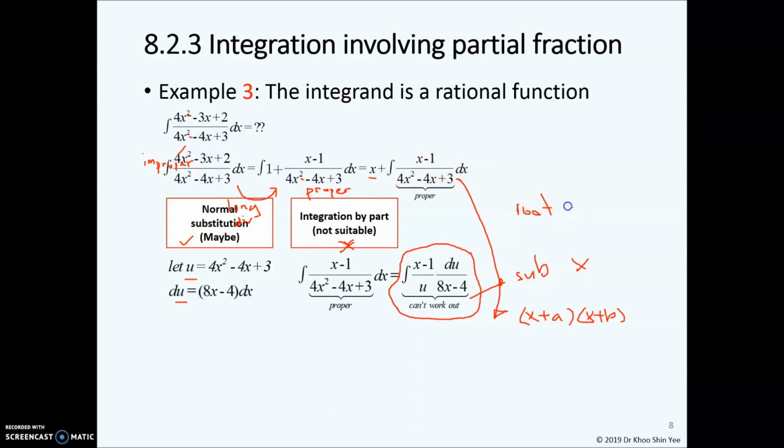So in this case, you found the root is in complex number. So when you get complex number, it means that you don't have linear factor. The factor is in quadratic. So this is already in quadratic form, ax squared plus bx plus c. Therefore, this cannot be further reduced. So in this case, we are applying the factoring and we found that we cannot further reduce using the factoring.